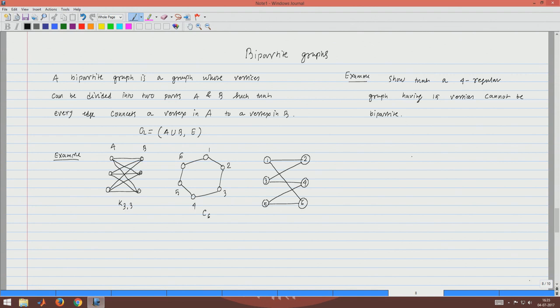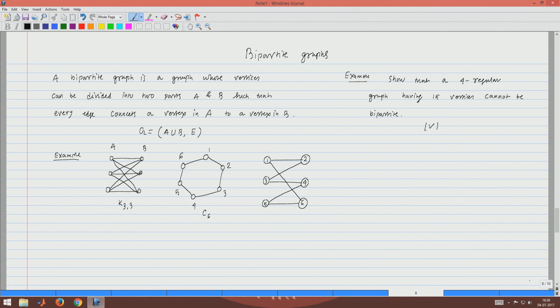Well, we know what a 4 regular graph is. A graph is said to be 4 regular if every vertex has degree 4. Now, there are a total of 15 vertices in the graph. So, we need to partition these vertices into 2 parts, A and B.